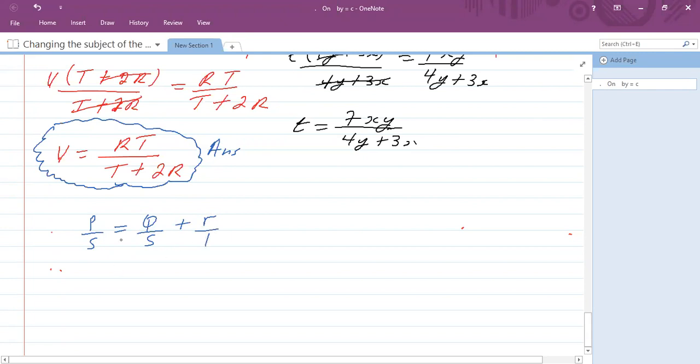Then what you do, you multiply everything by S. So P over S times S equals Q over S times S plus R over 1 times S.